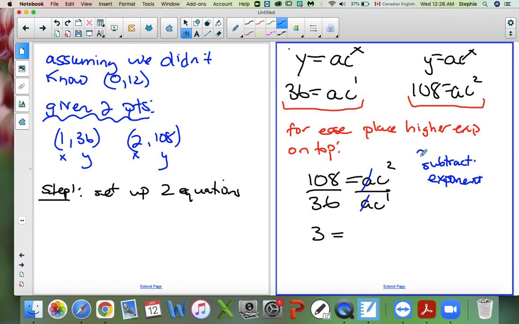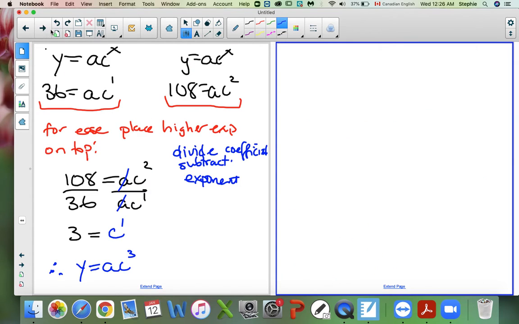So you're going to divide the coefficients, but you subtract the exponents. So I'm going to do c to the 2 minus c to the 1 becomes c to the 1. And ta-da, there's your answer. Now, knowing that your c is 3, you write therefore y is equal to a, 3 to the x. And all you have to do now is plug in one of the points and solve.